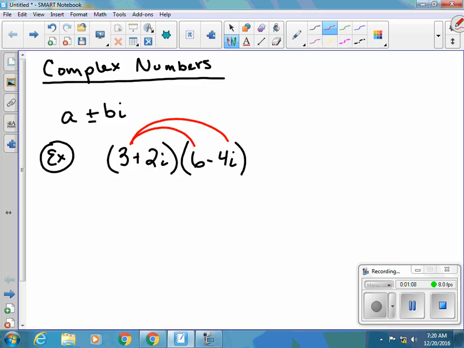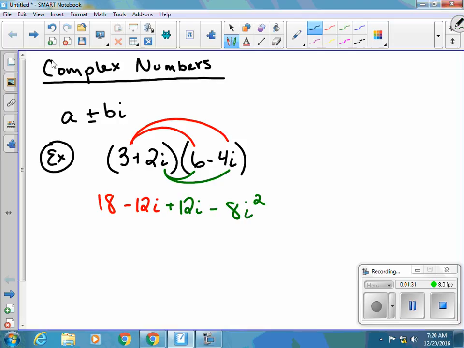So 3 times 6 gives me 18. 3 times negative 4i gives me negative 12i. I've got the i there, so it hangs out. Then I've got 2i times 6 gives me 12i, and 2i times negative 4i gives me negative 8i squared.